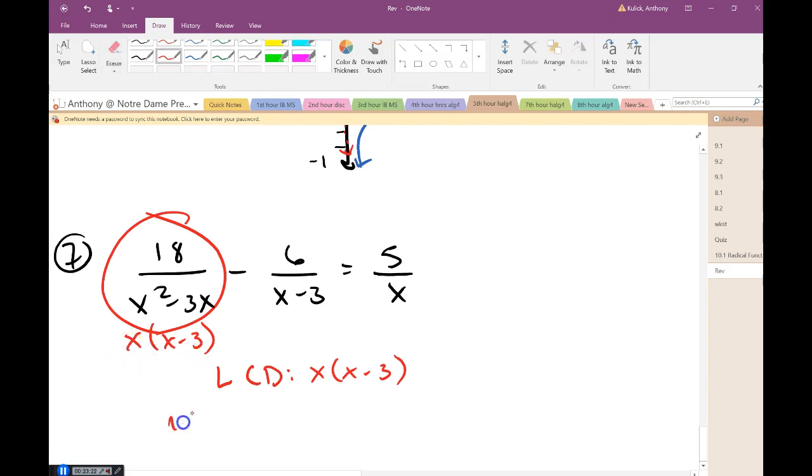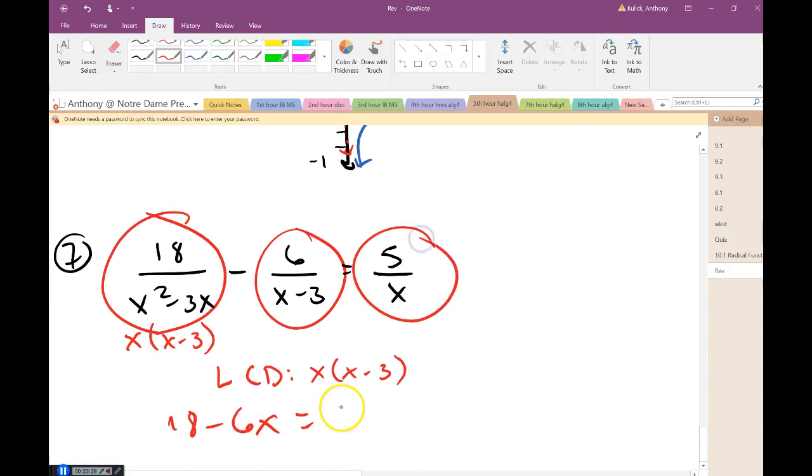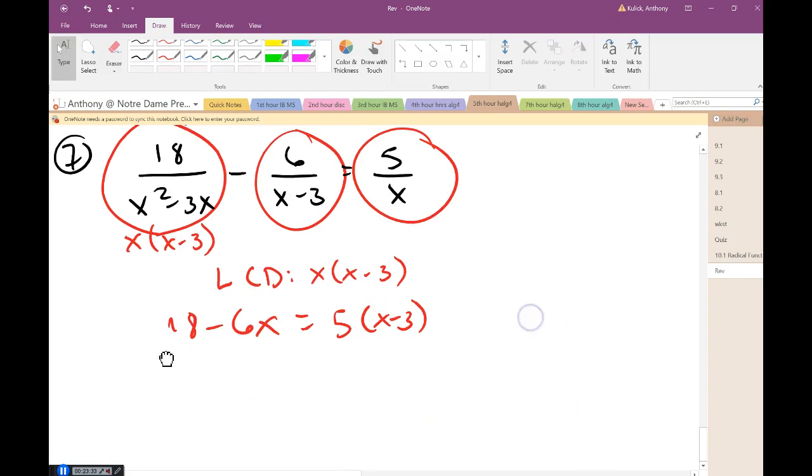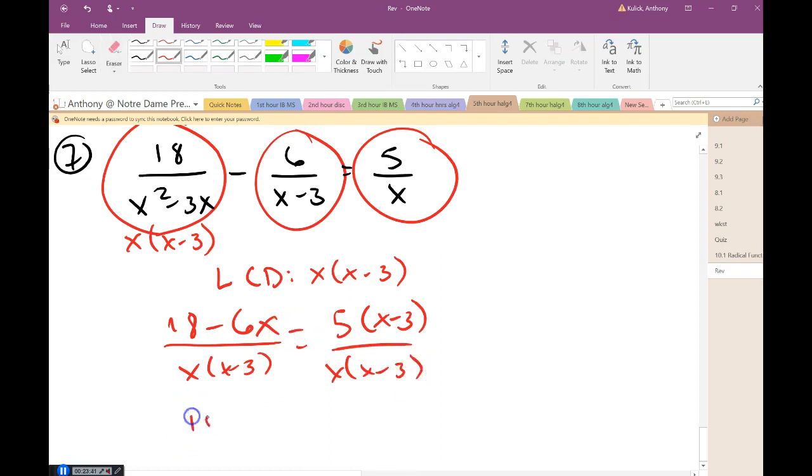Nothing, right? What do I need to multiply this fraction by? Okay. And what do I need to multiply this fraction by? Okay. And so we have this, right? And because the denominators are the same, we can forget about them now.